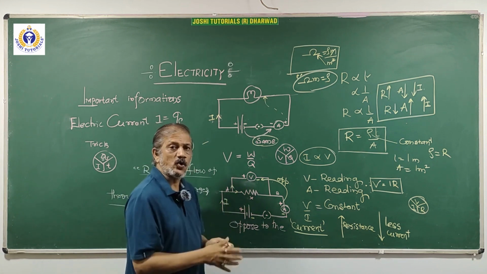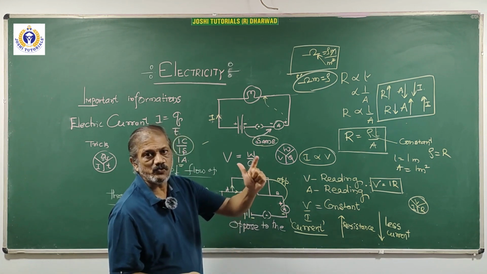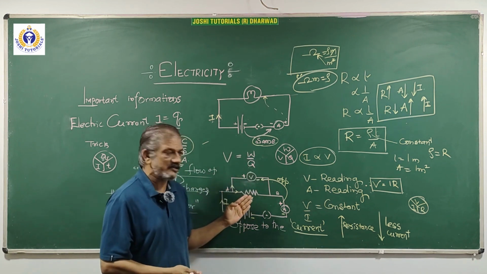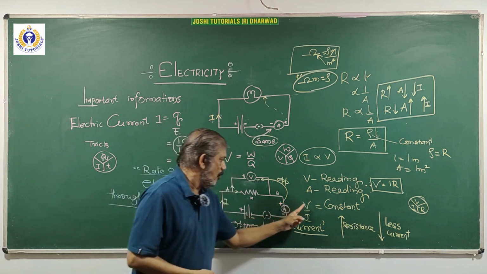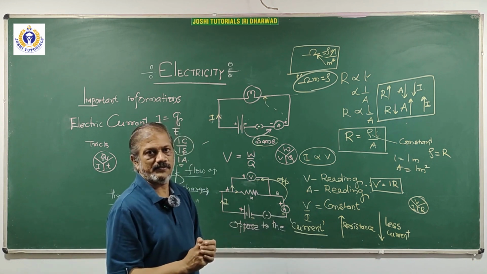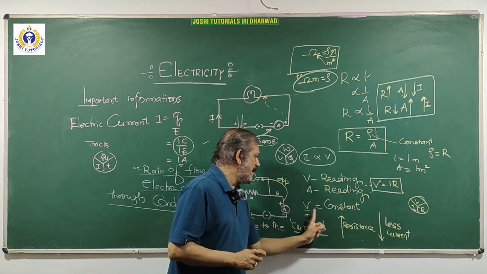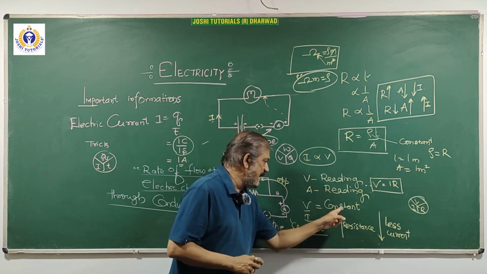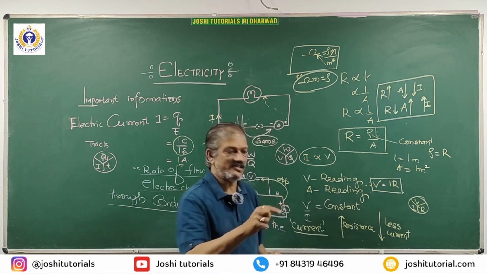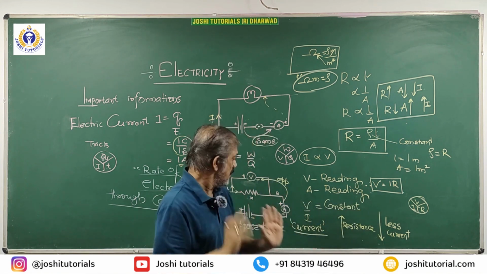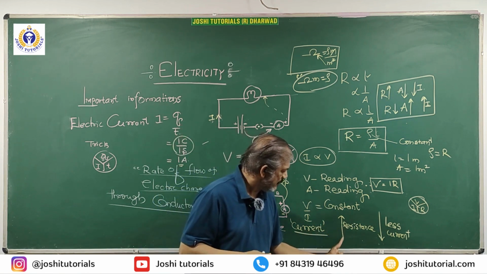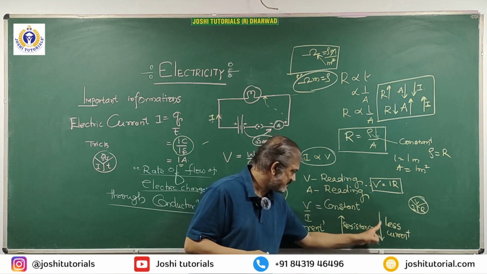In this way he took set 1, set 2, set 3, set 4 and so on. Even in the practical you can do it. He found the V by I ratio as constant. When he got V by I as a constant, he wrote that constant as R, resistance. Resistance means opposition to the flow of current. That's why I have written: more resistance, less current.